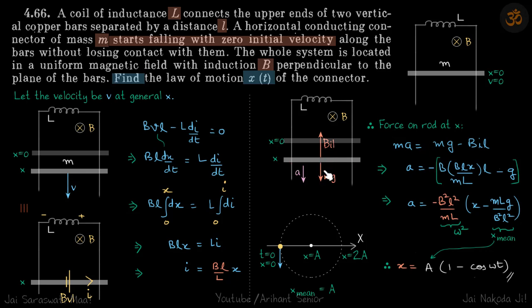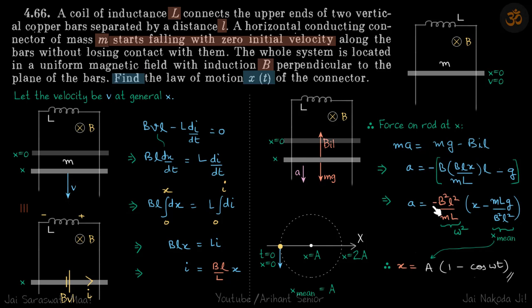So force on this rod will be mg downwards, BIL upwards, and we have taken downward as positive, so let's say acceleration is also downwards. So now the force on the rod, ma, is equal to mg minus BIL. So you put the value of I from here, and we get acceleration as minus of this into x minus this.